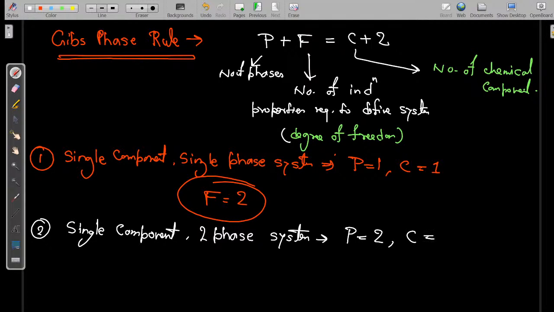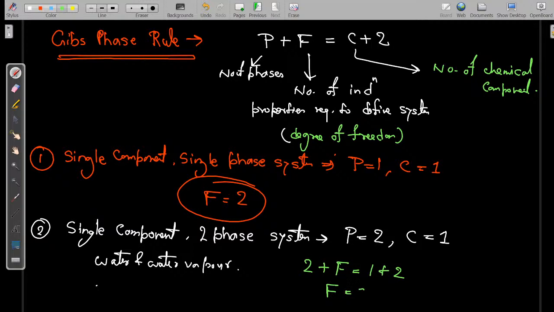Number of components are 1. For example, again, just now we discussed mixture of water and water vapor. Water and water vapor, this is the example. And another example we just saw, water and ice cube. Here 2 plus F is equal to 1 plus 2. So F will be 1.